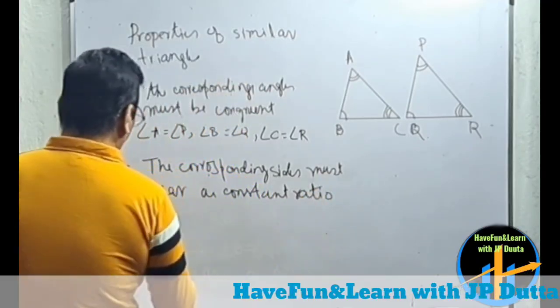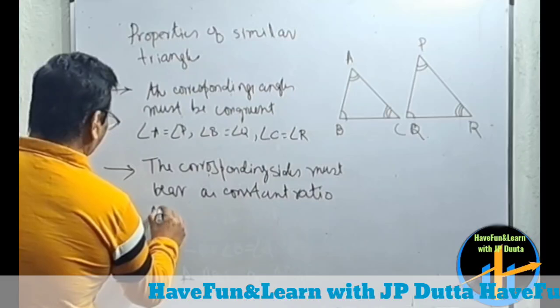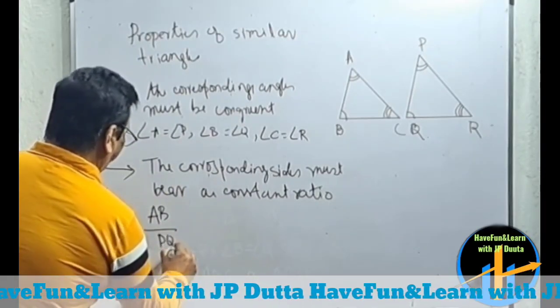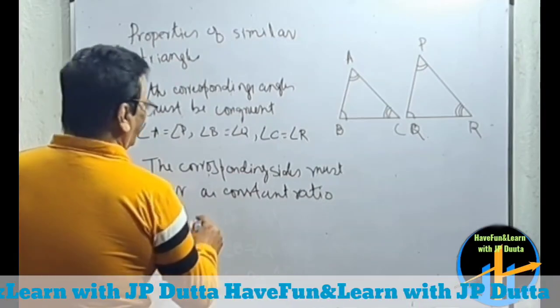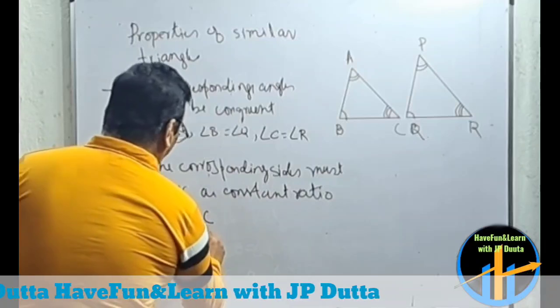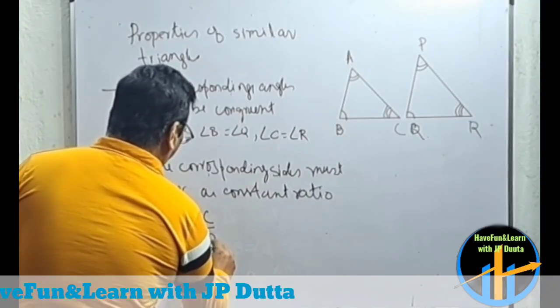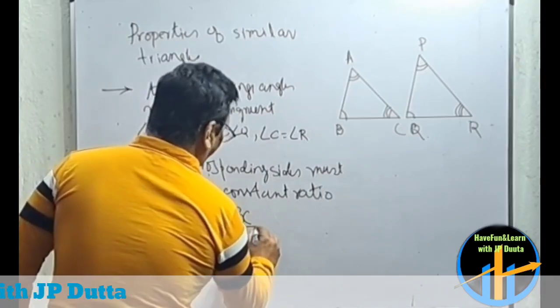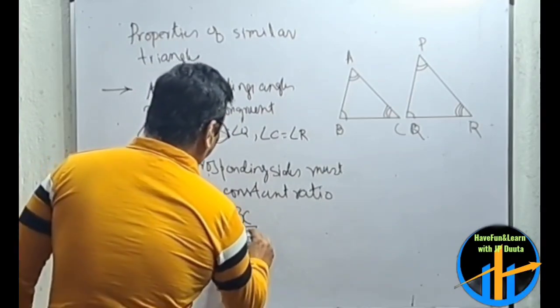So here AB by PQ will be equal to AC by PR and BC by QR.